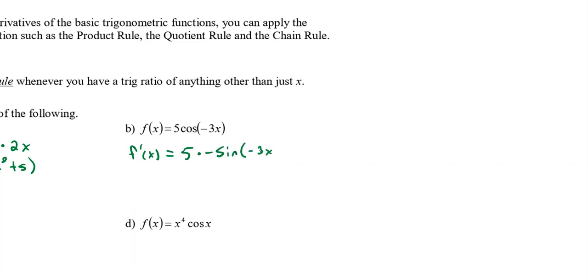So it's negative sine of negative 3x. And then we have to take the derivative of the inside. So then that would be times negative 3. So cleaning all of that up, I've got two negatives going on, so those cancel. So I've just got 15 times sine of negative 3x.